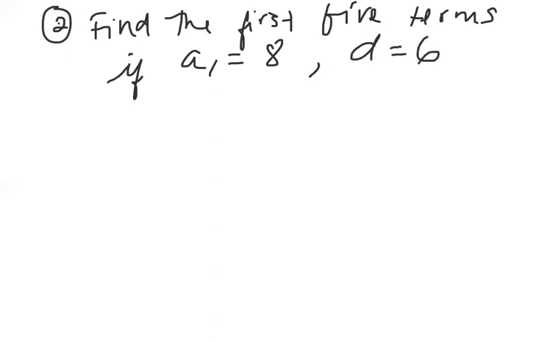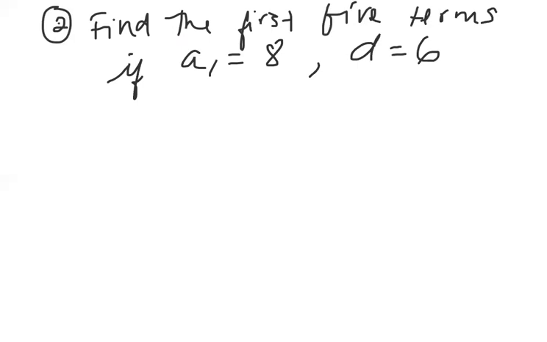So they want you to create the sequence, and they're giving you the first term and the common difference. They want the first 5 terms of that sequence, whose first term is 8 and common difference is 6.